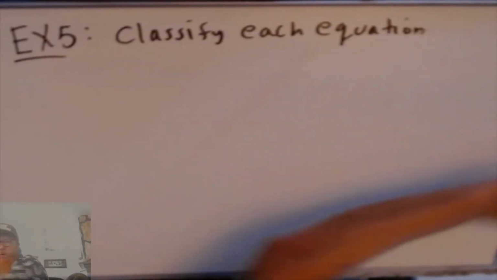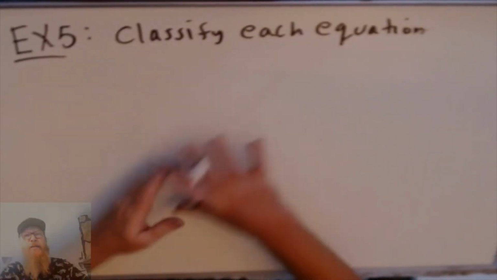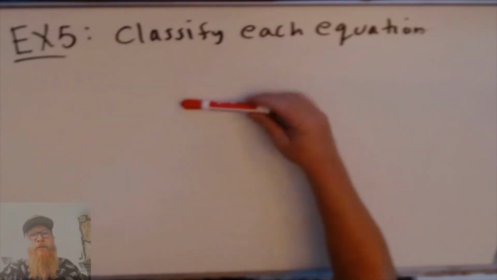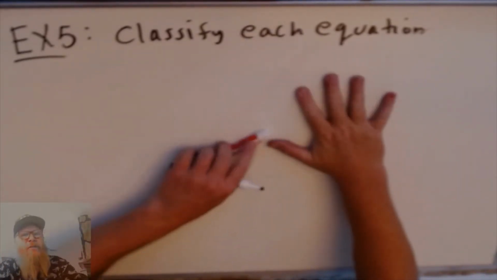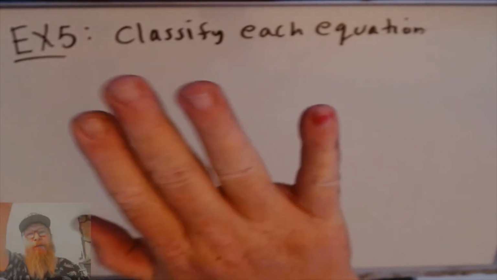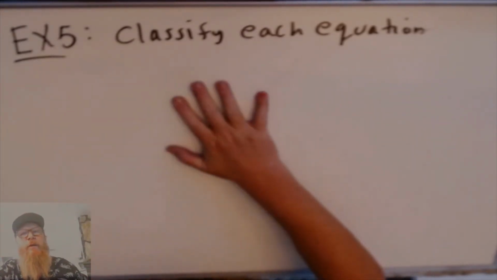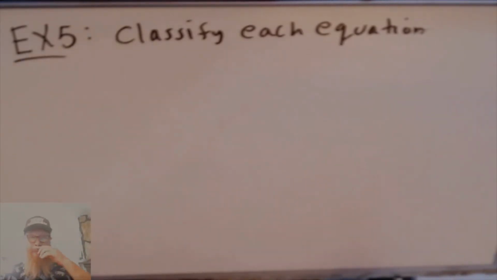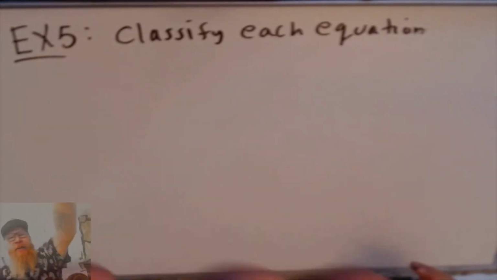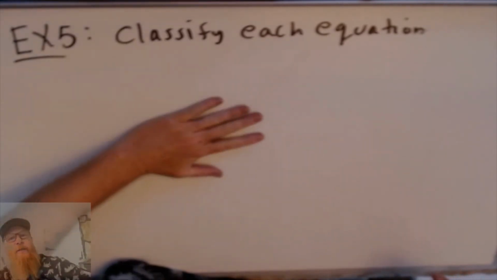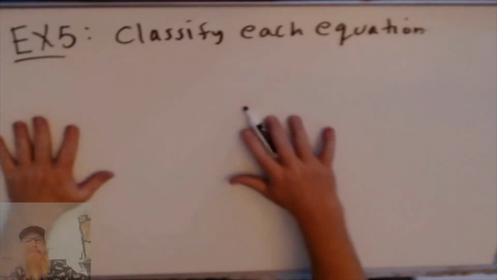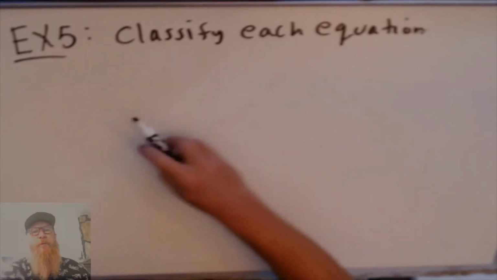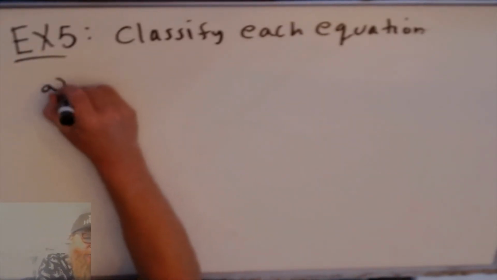Now, we're going to do several of these. My camera is getting blurry. Let's see if we can get this to come back down. We're going to do several of these problems, so we'll just do one at a time, but I'm going to put them all into the same category here. I just have to give my camera a second to come back down to me. Maybe it'll just catch what we do.